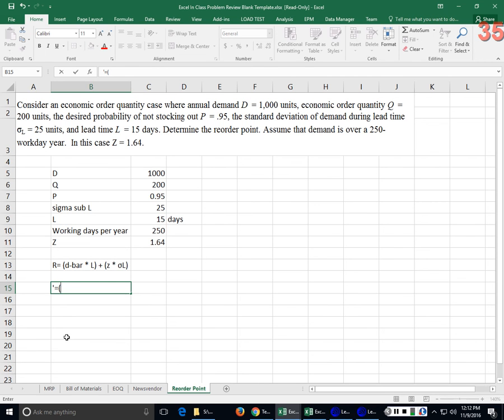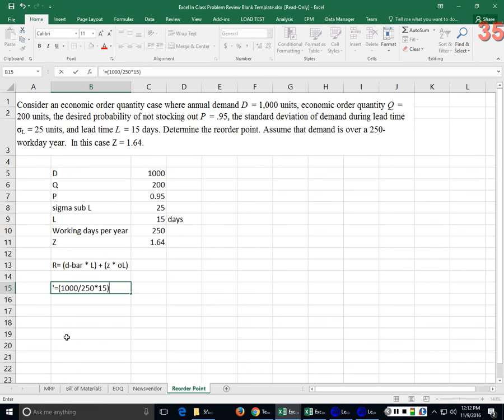So small d represents average daily demand. Given what information I've got in the problem, how do I come up with my average daily demand? You divide 1,000 by 250. Right, so I divide my annual demand by the number of working days in a year to get my average daily demand. So 1,000 divided by 250 gives me D-bar. What's my lead time? 15 days, right?